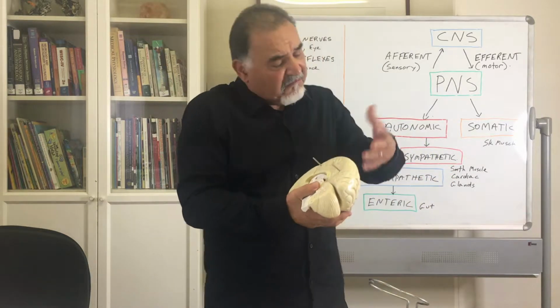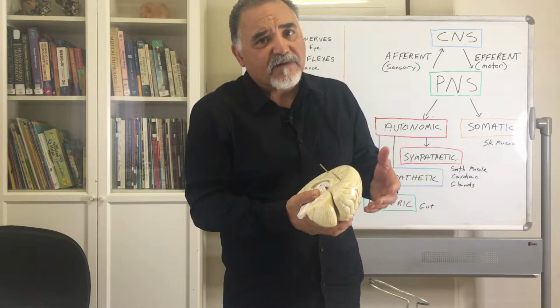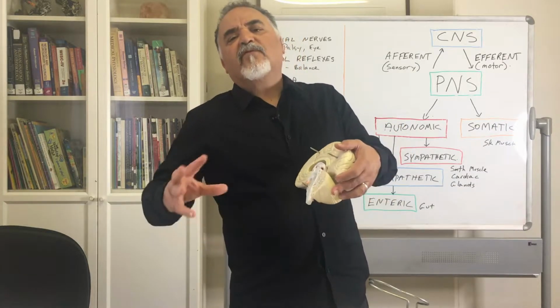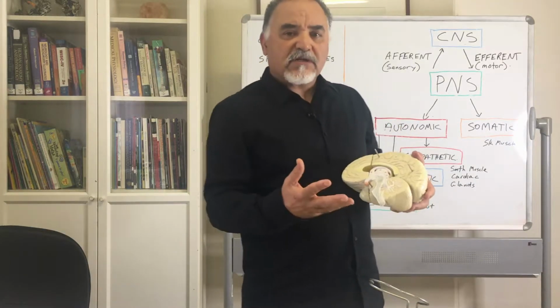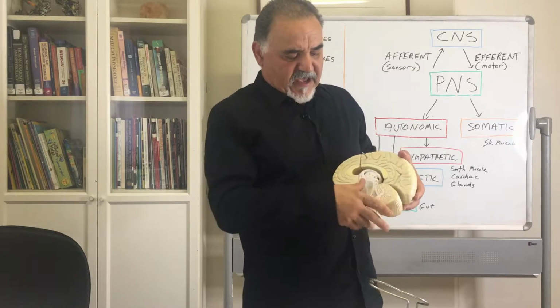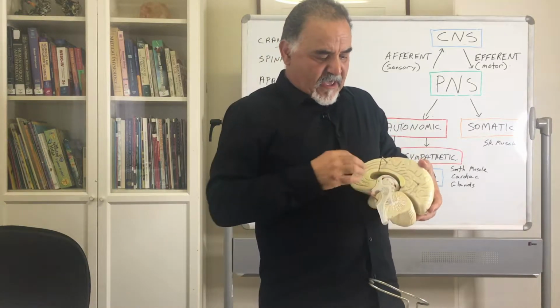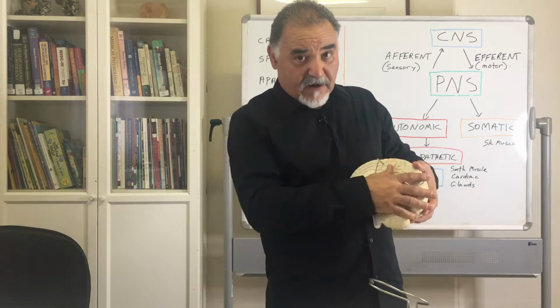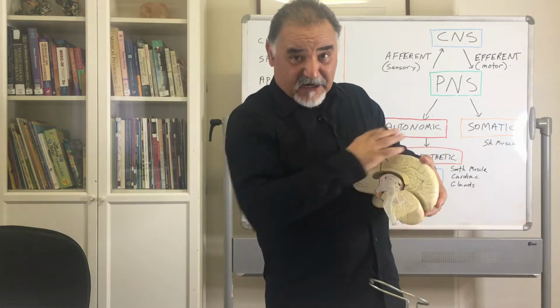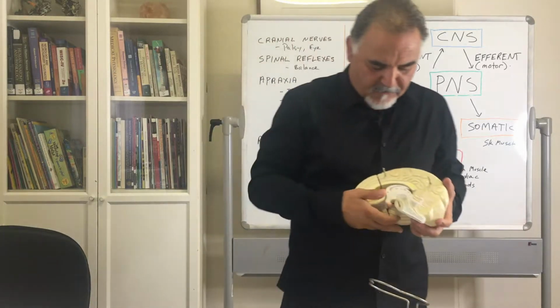Having said that, it is in some ways quite separate, and as we move through evolution, most vertebrate species have this part of the brain and this part of the brain. However, the encephalized brain gets larger and larger and more complex as we move up the evolutionary scale.